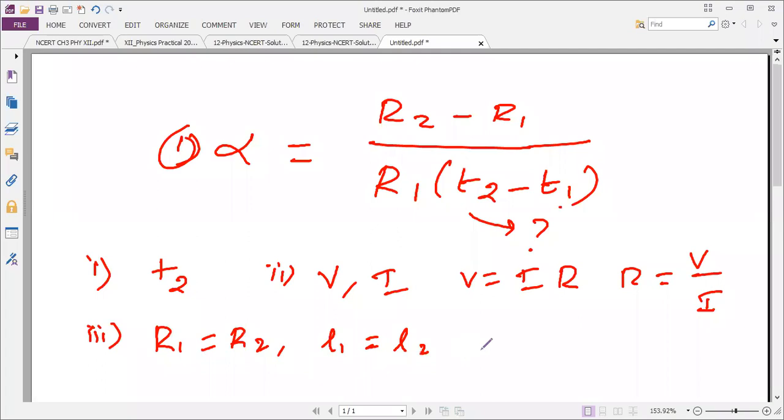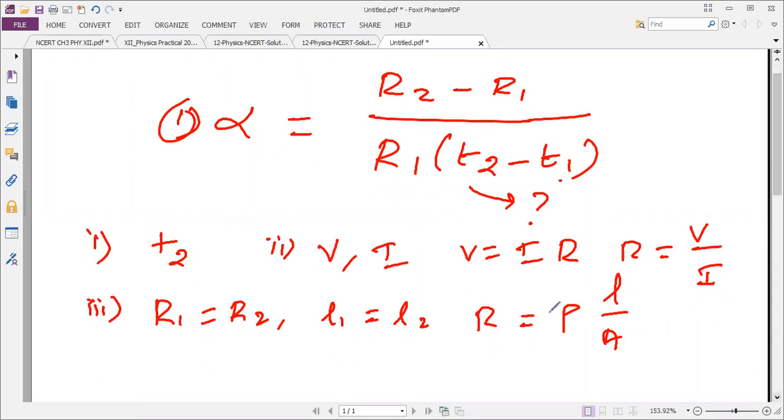You want to find which is best, whether it's copper or aluminium. Then you can use the resistivity formula R is equal to rho L by A, and one more formula, the density formula. Density equals mass by volume. So three different methods we discussed, and one more problem also. Fourth one, directly you want to find the alpha.